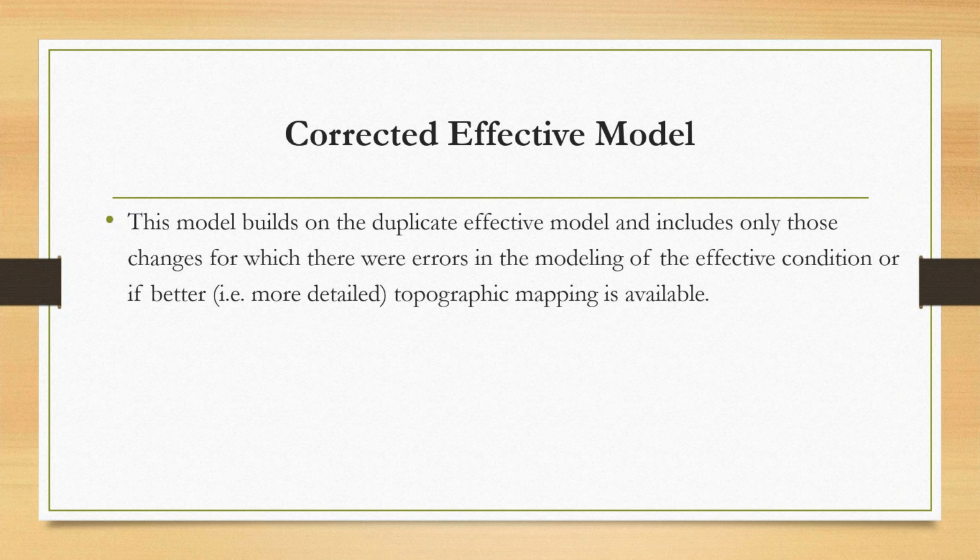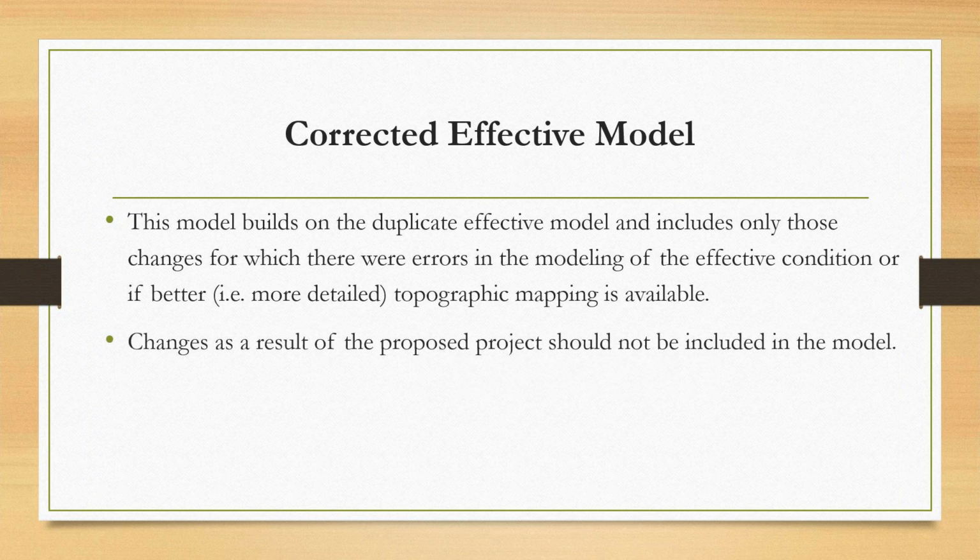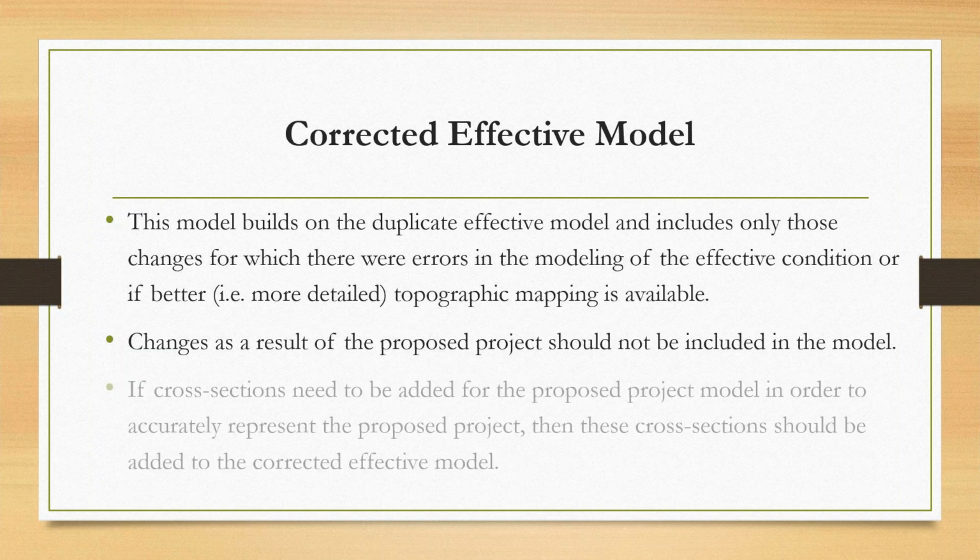Also, some of the modeling of the bridge itself might be an error. At this point, you're trying to correct that model so that it comes up to speed with what it should have looked like even back in the day. This does not include any of the proposed project yet, and no man-made changes are incorporated into this model.